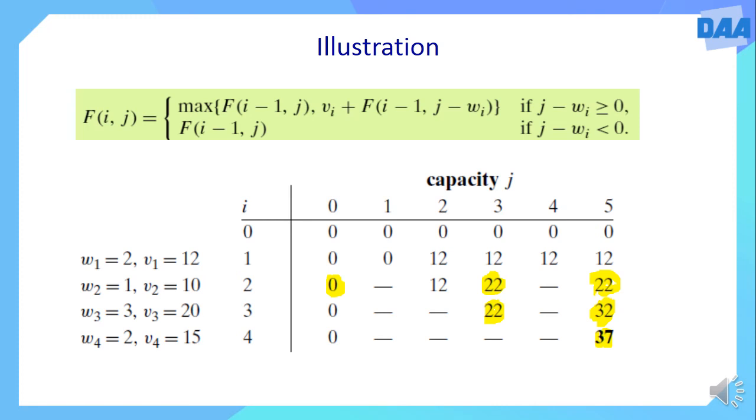So, I repeat, computation of this particular location requires the computation of this. So a recursive call happens here as well as this location. Similarly, computation of this location requires this one as well as this one.